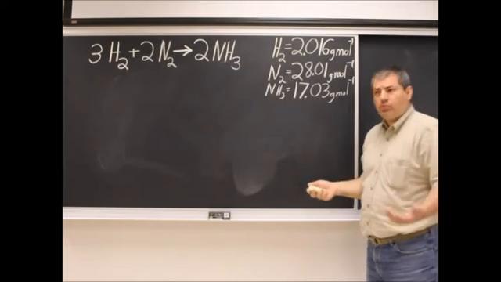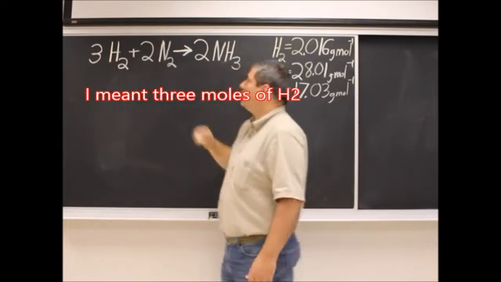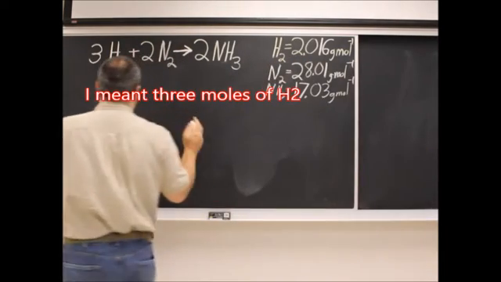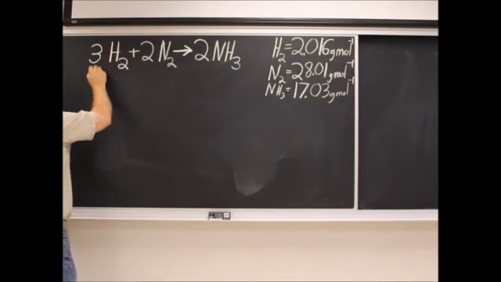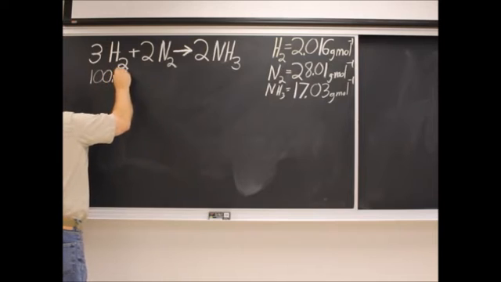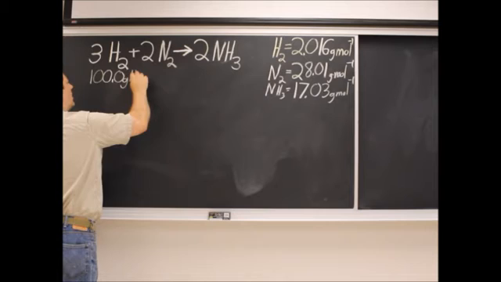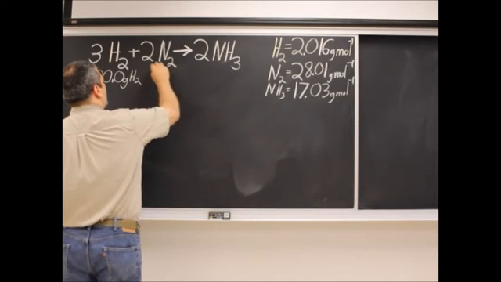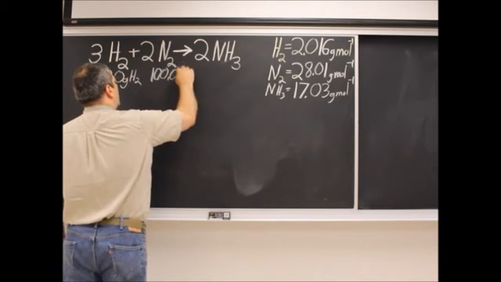And this problem would be easy if I had exactly 2 moles of hydrogen, 2 moles of nitrogen to solve. However, the particular problem that I want to work through is, let's say we have 100 grams of hydrogen, and we react that with 100 grams of our N2.